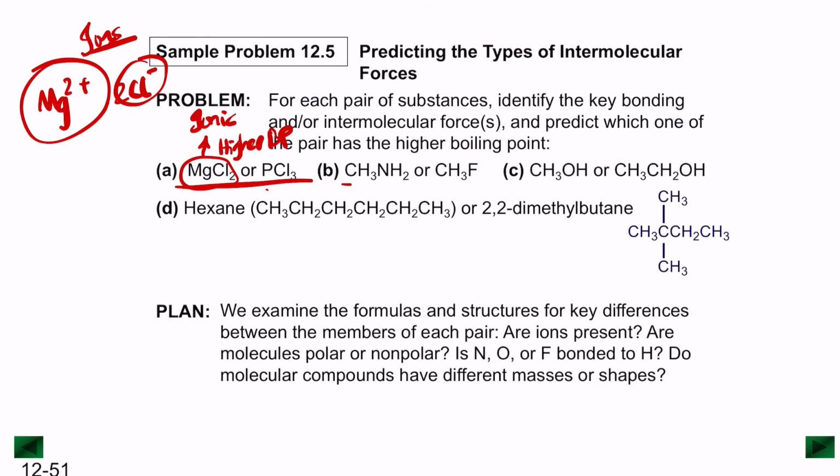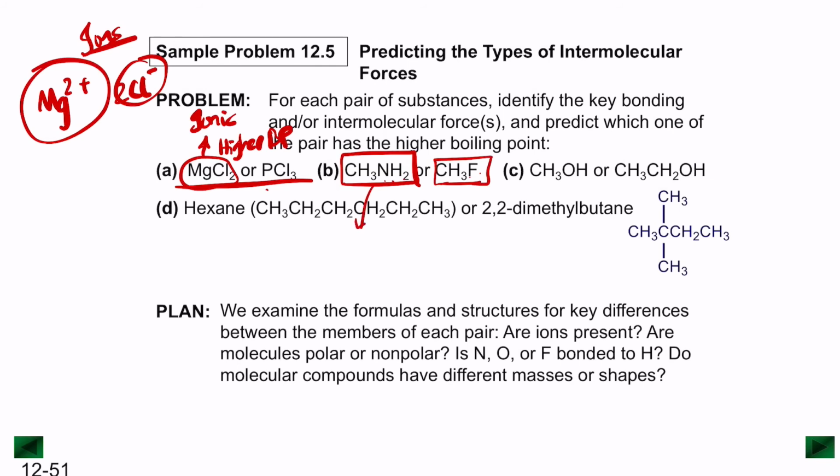Use the same principle again between CH3NH2 and CH3F. Try to determine which of these molecules has the higher intermolecular force. Notice that CH3NH2 has hydrogen bonding because the hydrogen is bonded to nitrogen. Here, there is no hydrogen bonded to fluorine directly, so this does not have a higher boiling point.